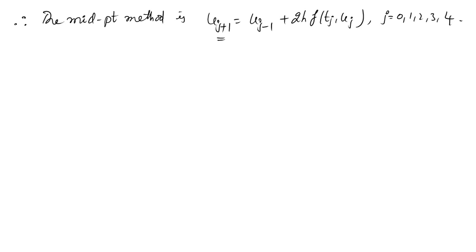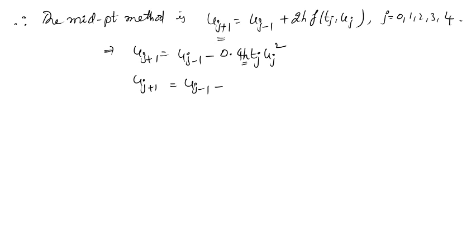This is uj plus 1 equal to uj minus 1 minus 2h times 2 tj uj square, so with h equal to 0.2 this is 0.8 tj uj square.